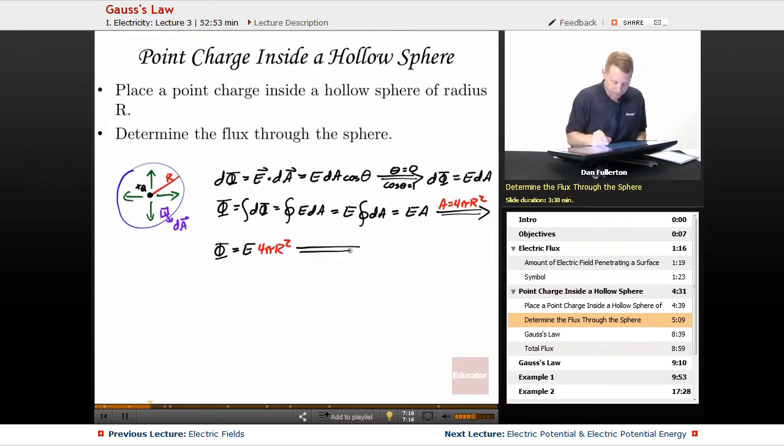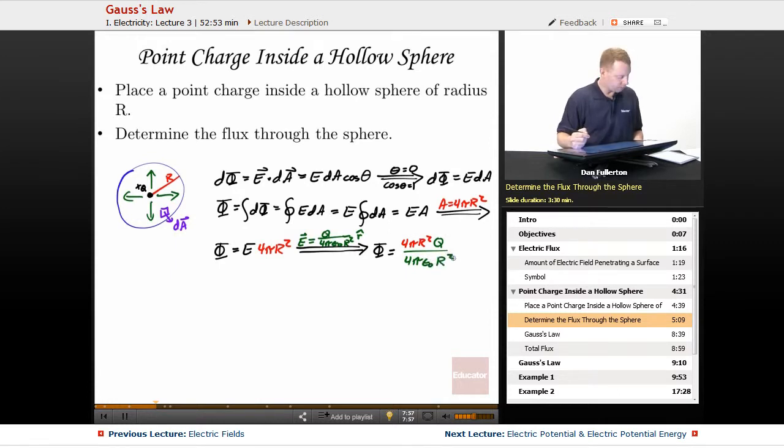Even further, though, we know the electric field. We just spent a whole lesson on it. The electric field due to that point charge is equal to Q over 4 pi epsilon naught r squared in the direction of r hat, heading out from that point charge. So we could then write the flux as being equal to, we've got our 4 pi r squared times our electric field, capital Q, over 4 pi epsilon naught r squared.